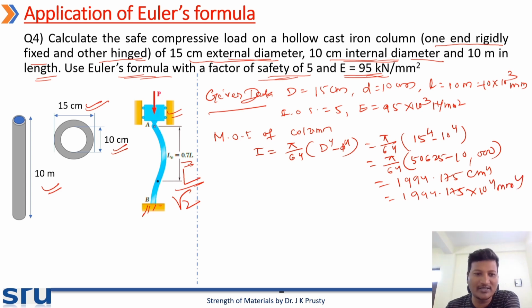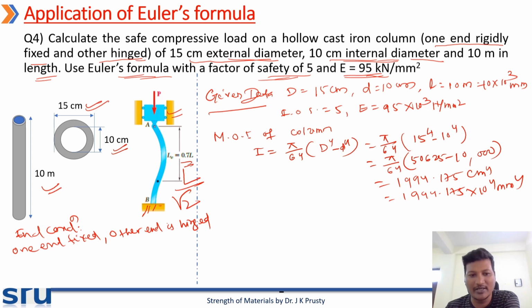So what is the end condition given? One end is fixed, other end hinged. So the equivalent length for this end condition is L by root 2.